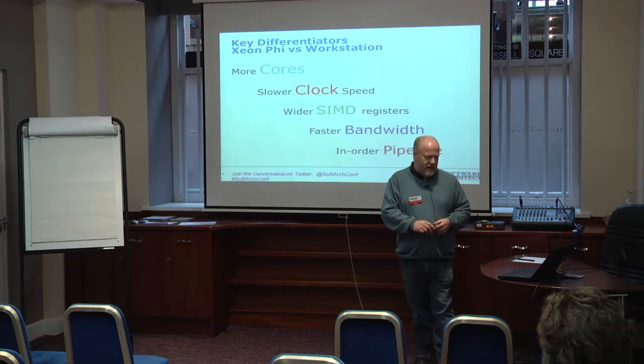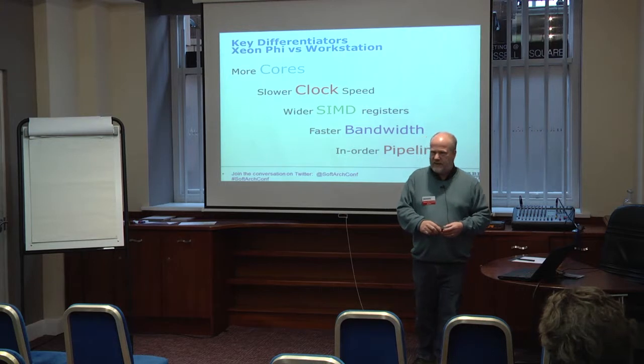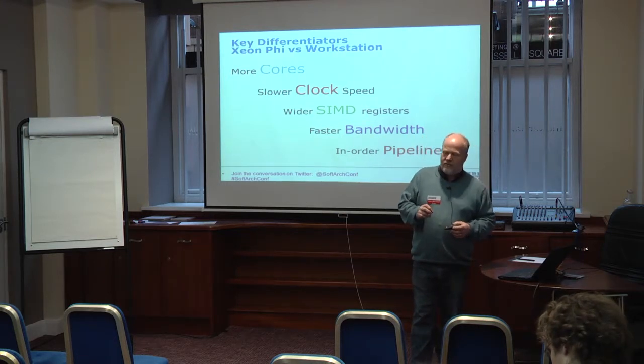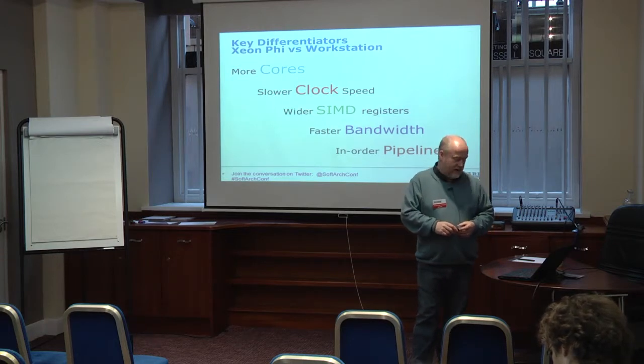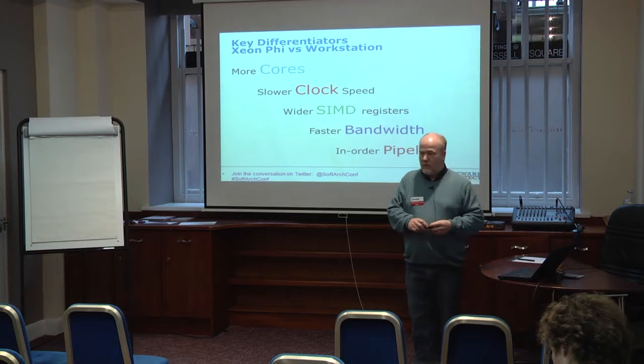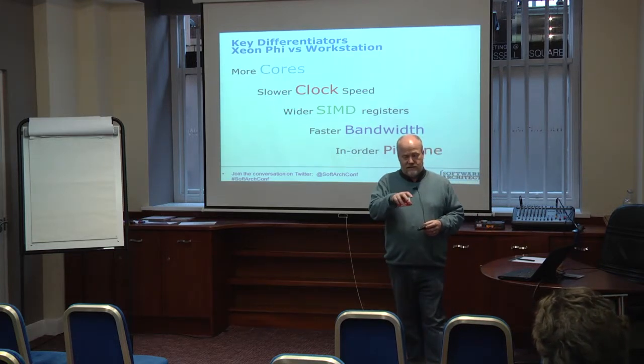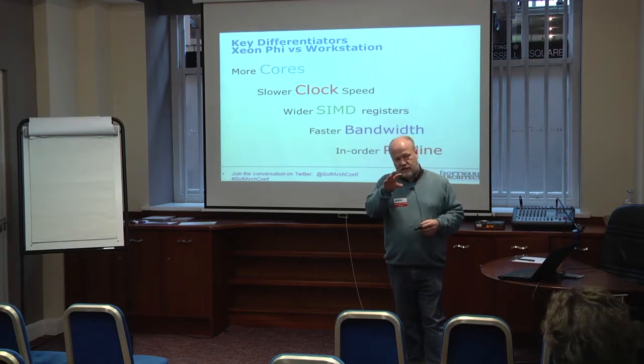The SIMD registers are much wider, and I'll be looking at that in detail in a minute. The coprocessor can handle a greater bandwidth. And the final thing is that the way the core of the processor is designed, the way it deals with the instructions, it does everything in order.